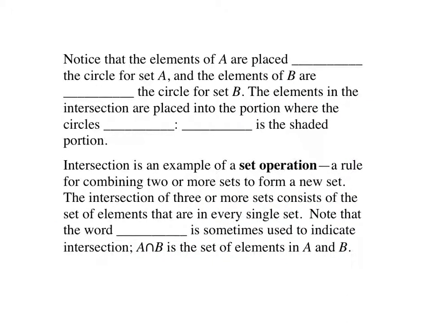Notice that the elements of A are placed inside the circle for set A, and the elements of B are inside the circle for set B. The elements in the intersection are placed into the portion where the circles overlap. So the way we write it is A ∩ B is the shaded portion.